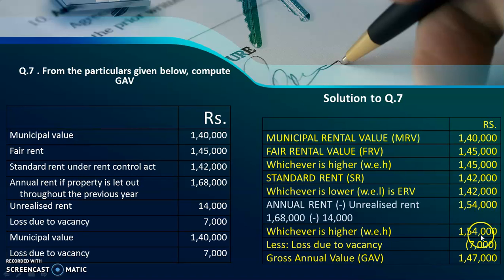Compare these two, take the higher one. 1,54,000 is the higher value, from which loss due to vacancy is to be reduced. Loss due to vacancy given in the question is 7,000. By reducing 7,000 from 1,54,000, we will get a GAV of 1,47,000. This is the answer.